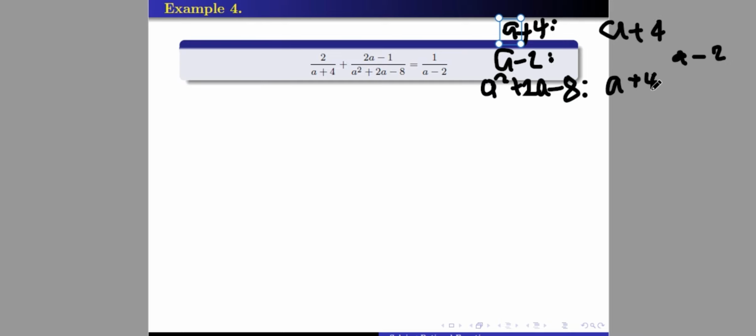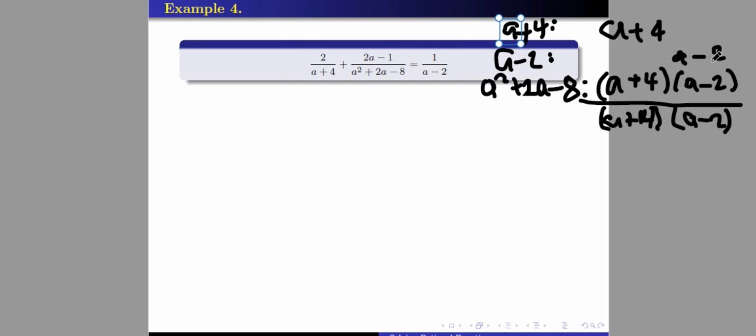So I will write it here on this column. And a minus 2 is on this column. So therefore we have a plus 4 times a minus 2. Okay, so the LCD is a plus 4 times a minus 2.